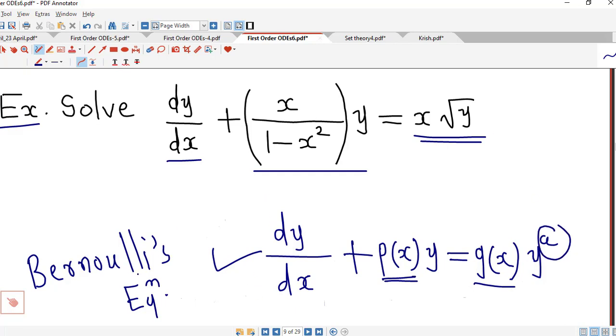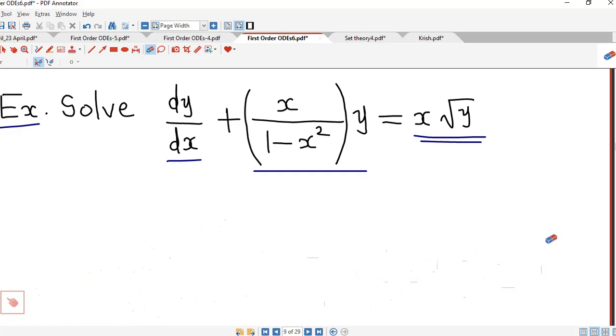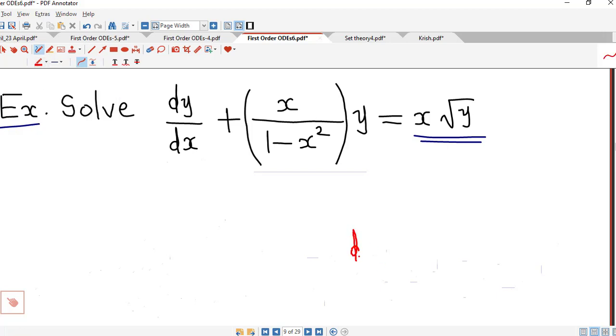So we can convert this Bernoulli's equation into linear differential equation by changing the dependent variable y. So the given equation is Bernoulli's differential equation, and now we try to convert it into linear differential equation. And linear differential equation is in this form.